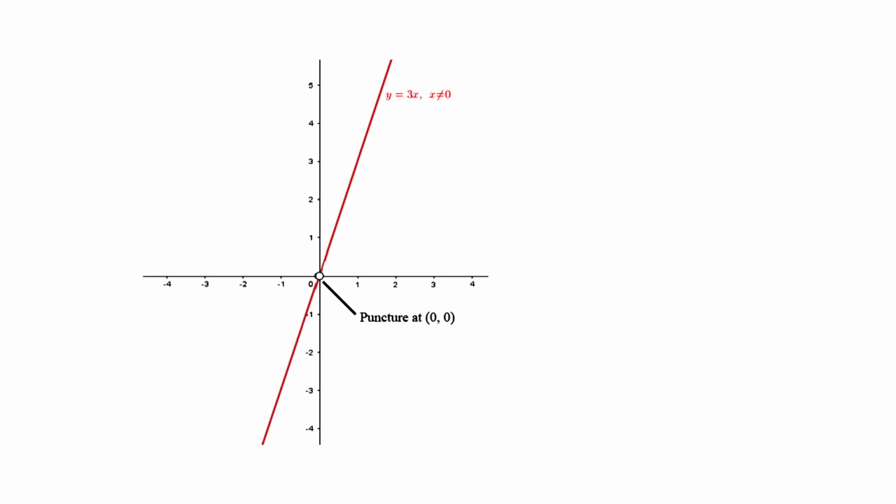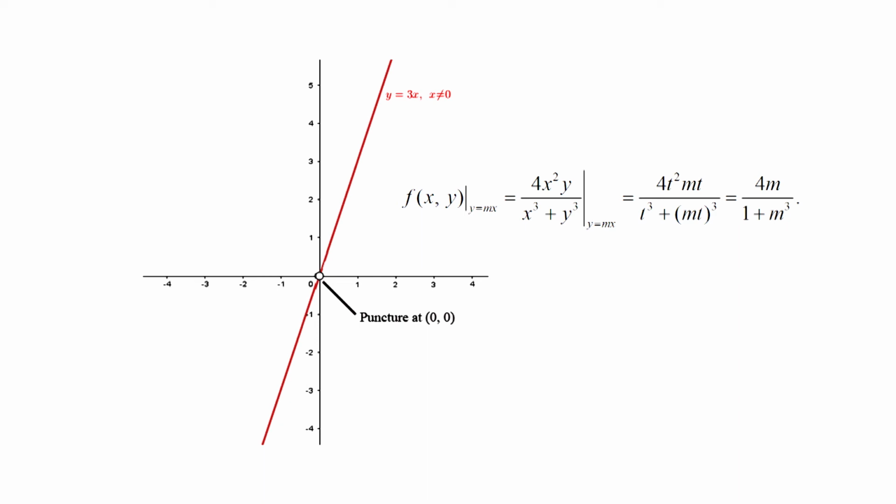This is because with the parametric equations x = t and y = mt, we have f(x, y) evaluated when y = mx, which is 4x^2 y/(x^3 + y^3), equal to 4 t^2 (mt) divided by t^3 + (mt)^3, which is equal to 4m divided by 1 + m^3.